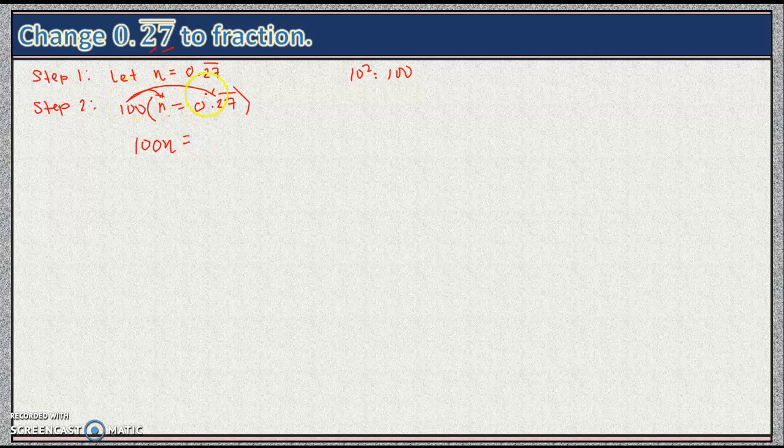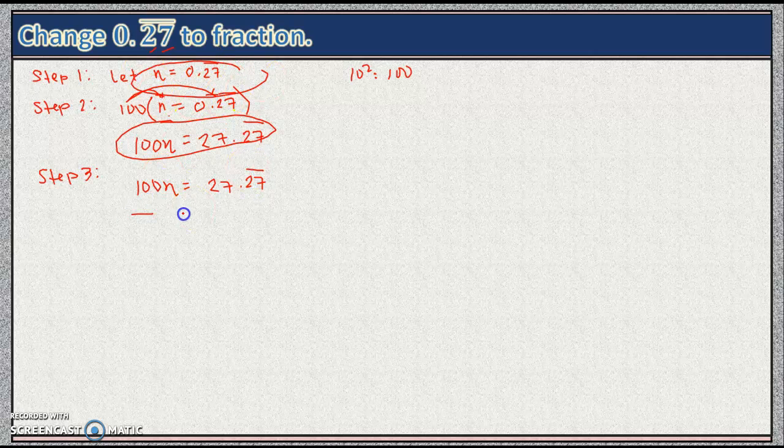So 100 times n is 100n. 100 times 0.272727 is 27.27, or you just move the decimal point 2 places to the right. Okay, step number 3. Subtract. 100n equals 27.27 with bar above, then minus step number 1, n is 0.27.